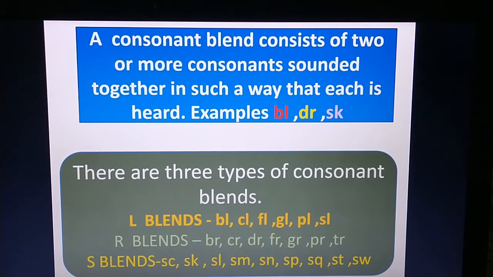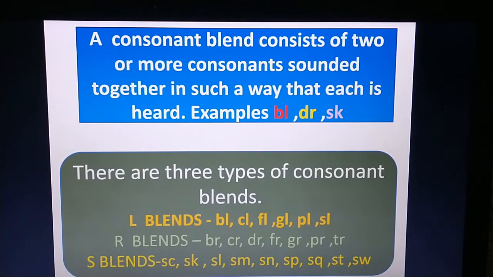R blends with B, then the sound of B is b, sound of R is r. So B, R, when you join it, it becomes br. C is k, R is r.